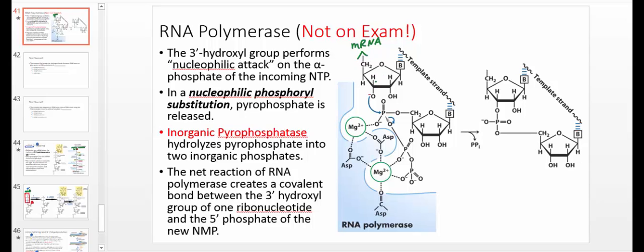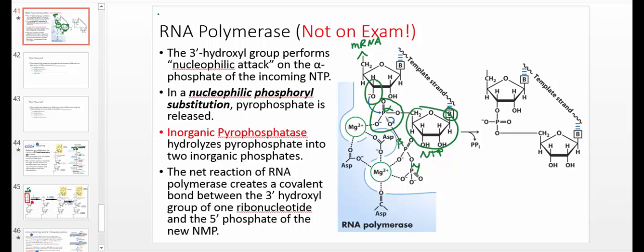And what we said is that you had 3' hydroxyl group nucleophilic attack on the alpha phosphate, which is shown right here, of the incoming nucleotide triphosphate. So this right here is the nucleotide triphosphate. Here's the nitrogenous base. Here's the ribose, and then you have the beta phosphate here and the gamma phosphate right there. So the 3' hydroxyl group of the already synthesized mRNA strand does a nucleophilic attack on the alpha phosphate of the incoming nucleotide triphosphate.